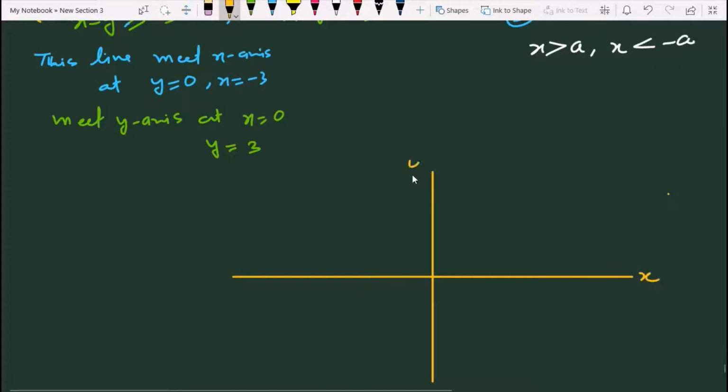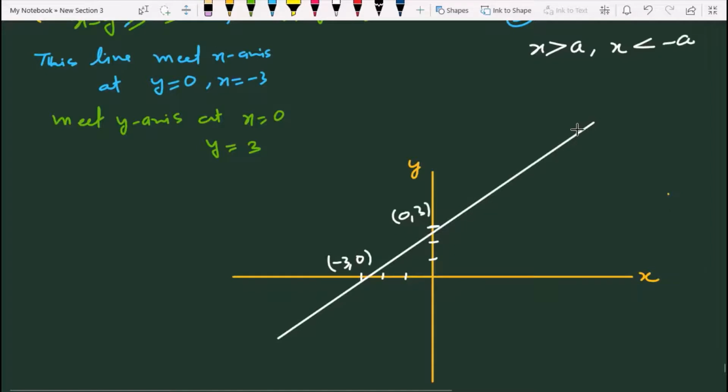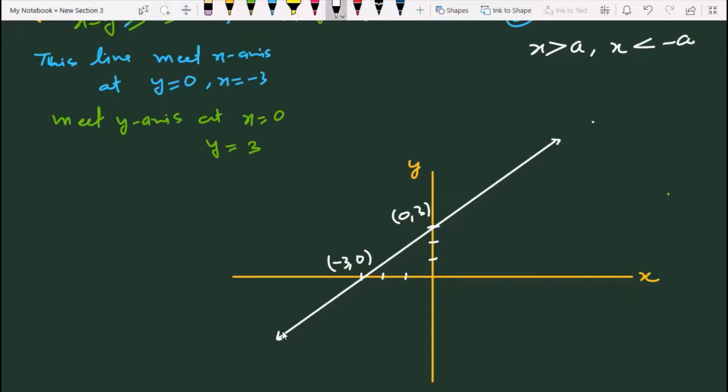x axis, y axis, take 2 points: minus 3, 0, this point, and 0, 3. Now what is the solution of this equation?